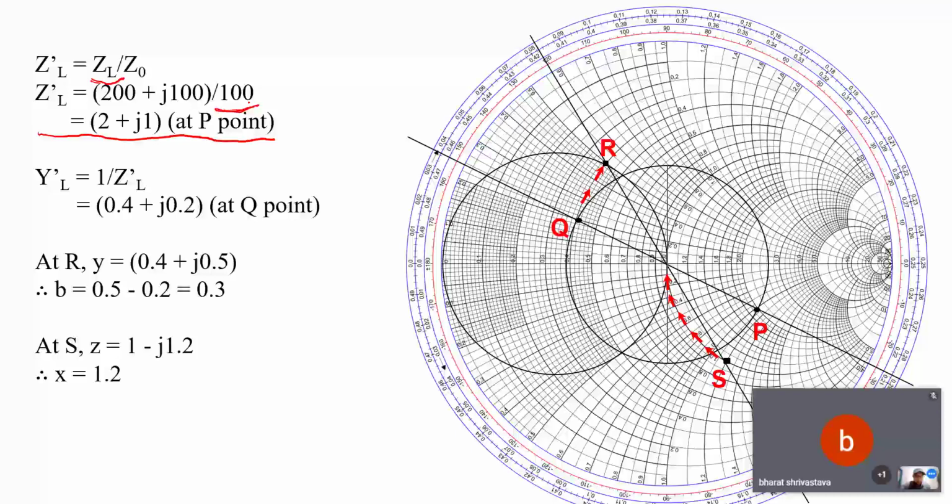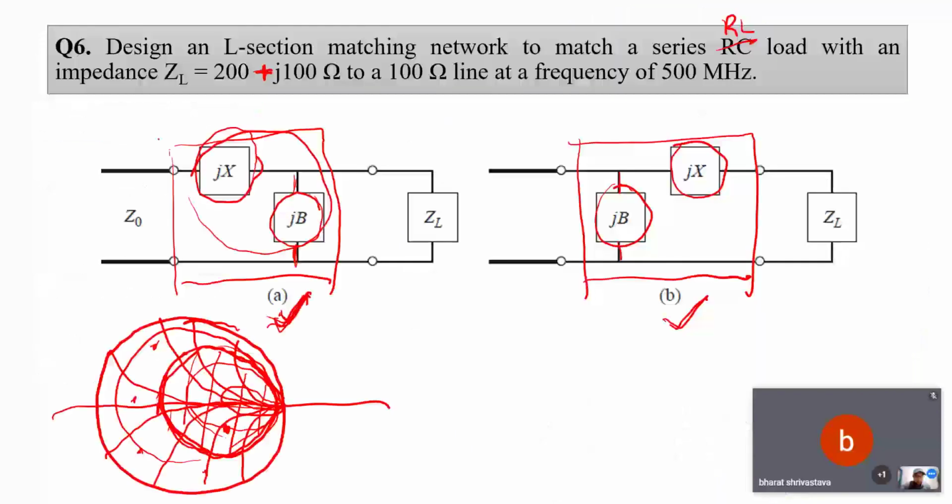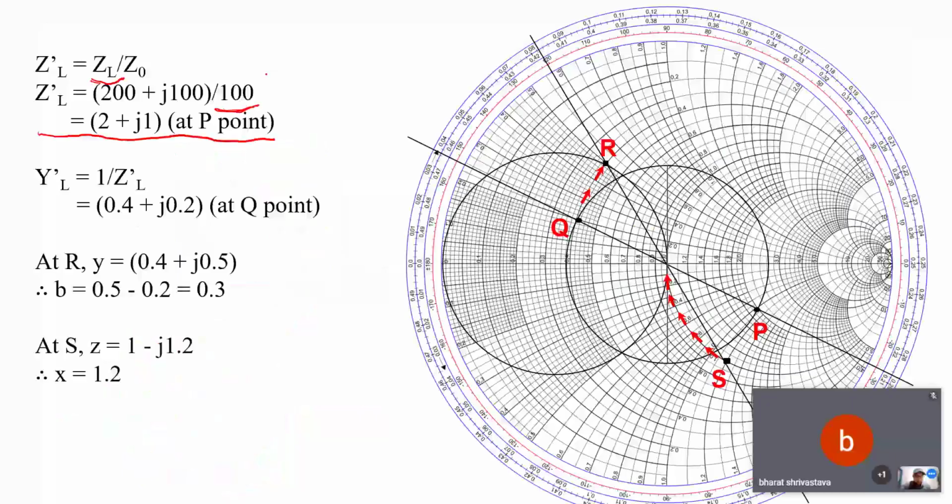So the normalized impedance is 2 plus j1. Actually I think this is an RC load only. I'm sorry, I have written it wrong. This will be 2 minus j1.